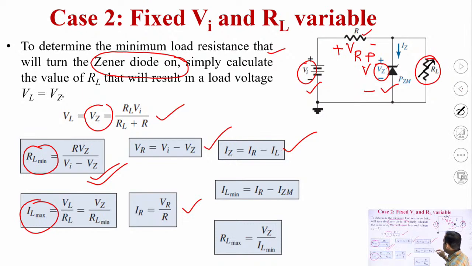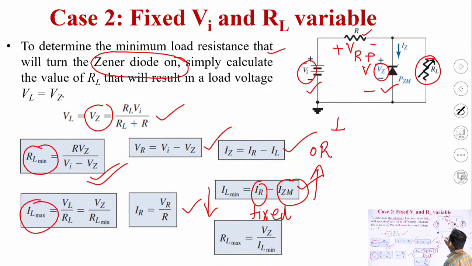If IR is fixed, and the current in the Zener diode is maximum, then naturally the current in the load resistance will be minimum, because we have to obey this relationship. Also we can conclude that the load current will be maximum when the Zener diode current is minimum.